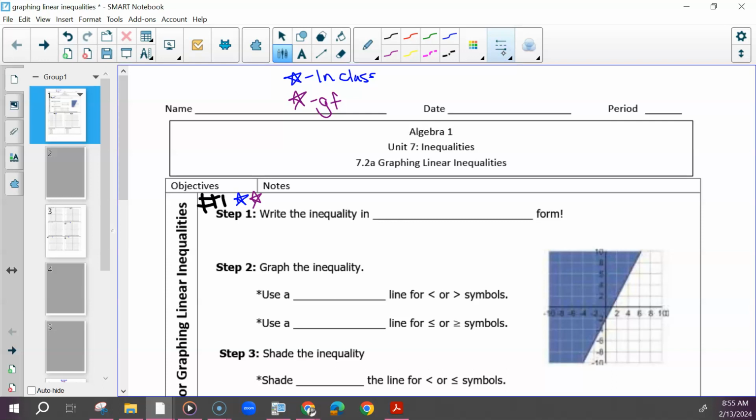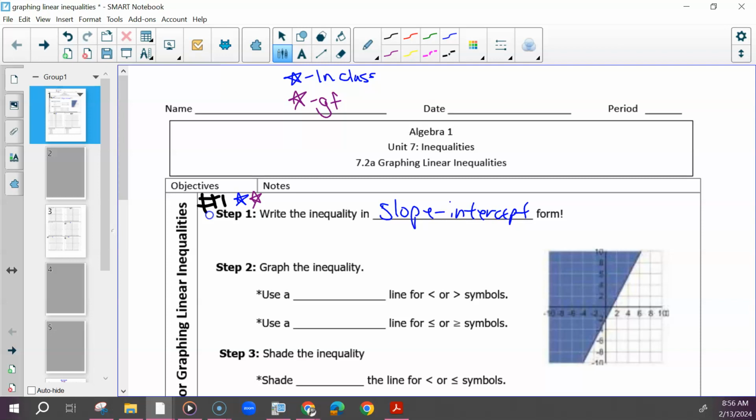So, graphing linear inequalities are very similar to graphing equations, but there are some slight differences. But like regular equations, we're going to write the inequality in slope-intercept form, if it's not already.